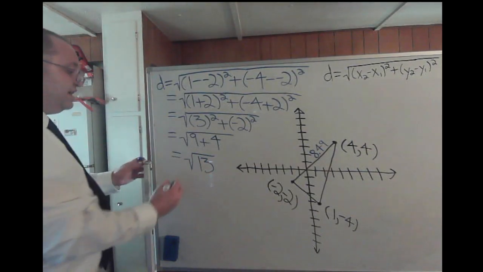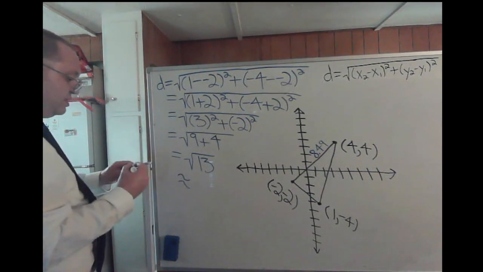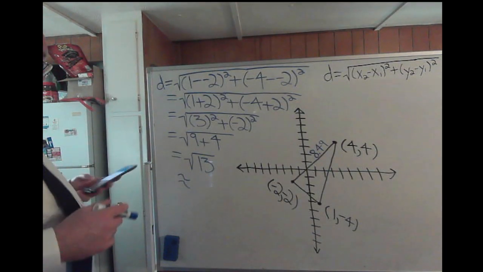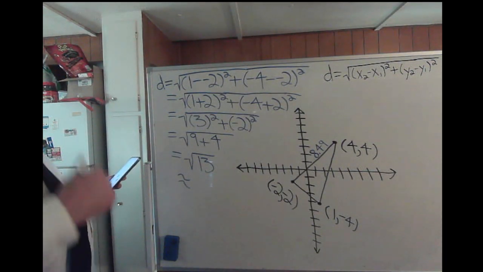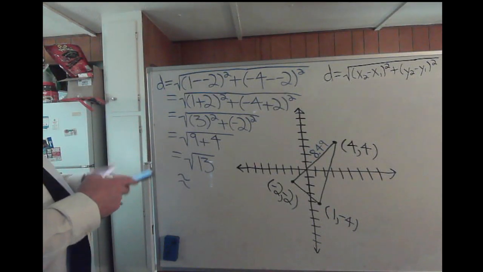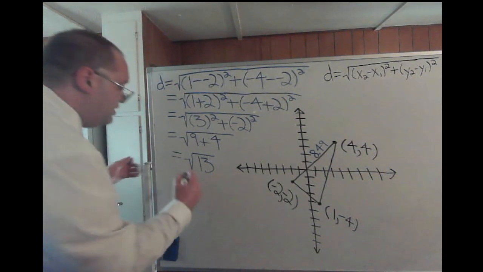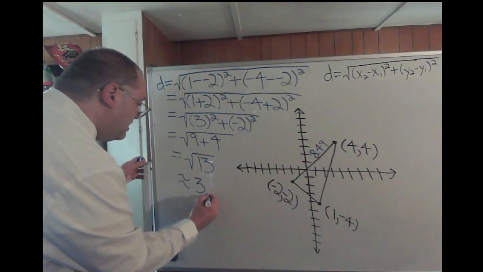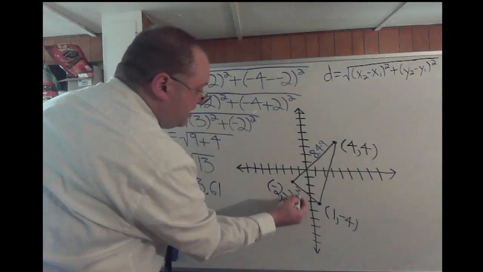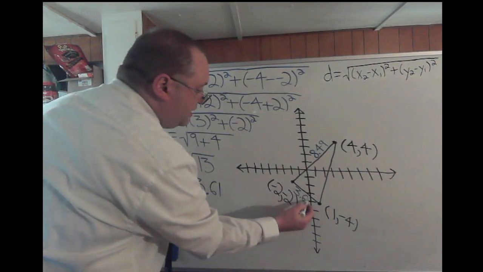Which is definitely not a perfect square, so we're going to need to round yet another result here to the nearest hundredth or to the nearest 2 decimal places. It'd be about 3.61. So the answer you get for your side length is about 3.61.